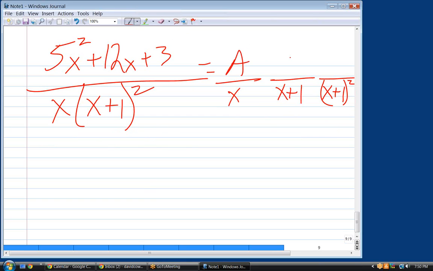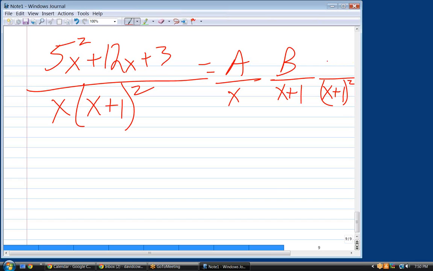And this is an A, a B, and let's see, it's been a while since I've done partial fractions. I only get a student about once a year that has to do partial fractions. I'm amazed that you're getting it in Algebra 2 to this level.